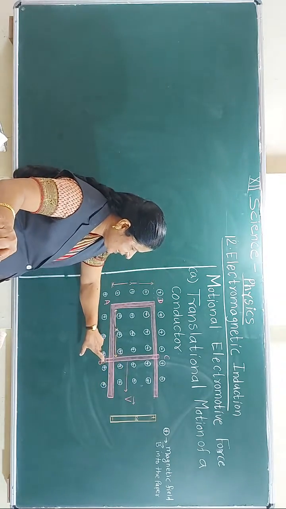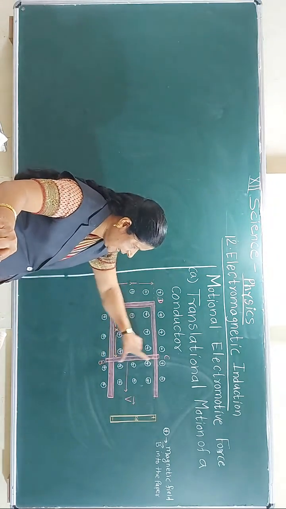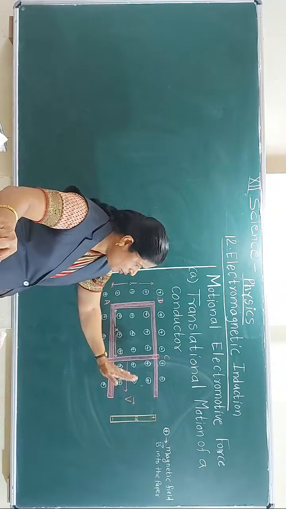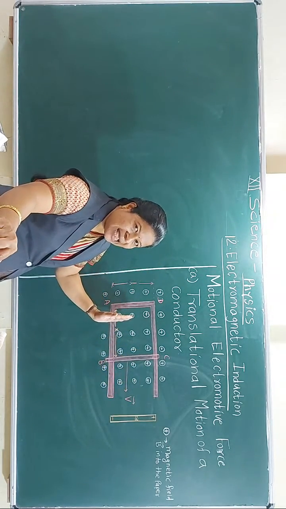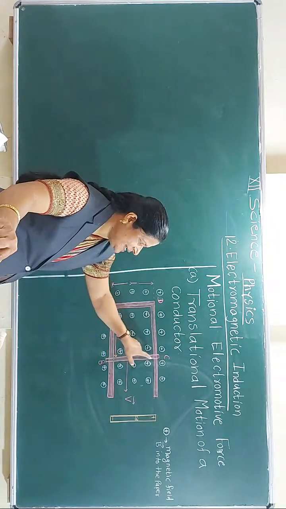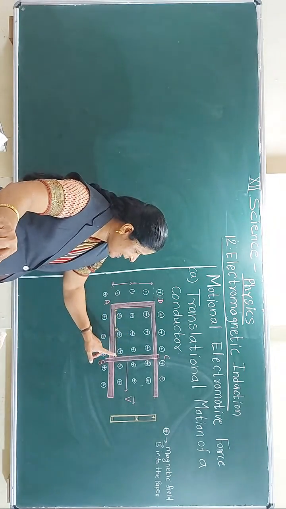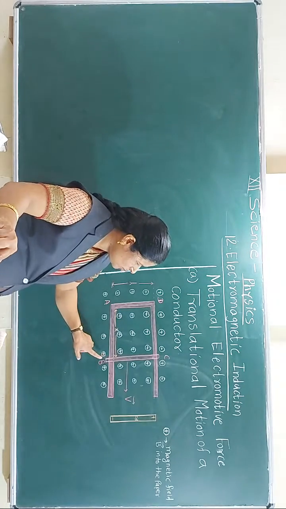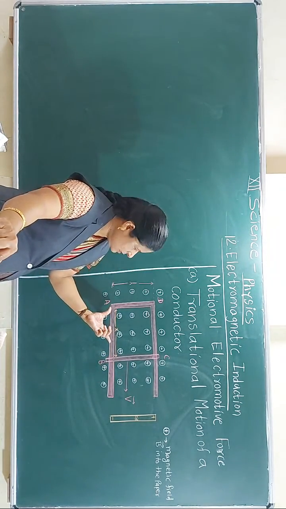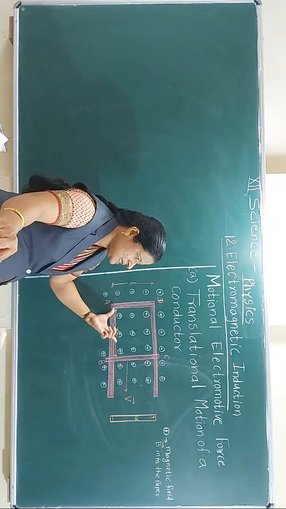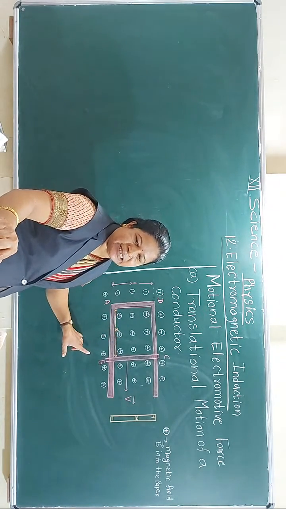That means this side BC is movable. We can move this side forward or backward. When we move the side BC, the length increases, that means this distance x increases.